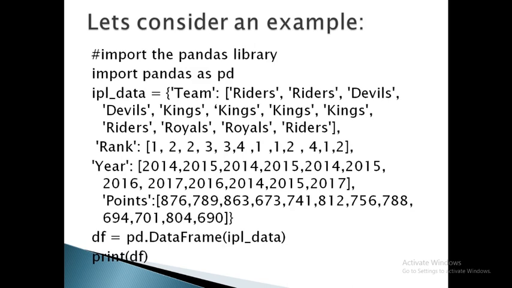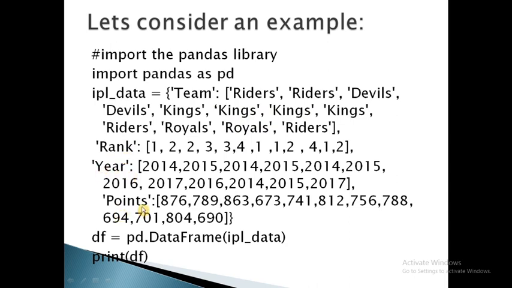Let's take an example of it. Suppose we have a dictionary named IPL data. Its object is IPL data. Now we have team, the names of teams, then rank, year and points.